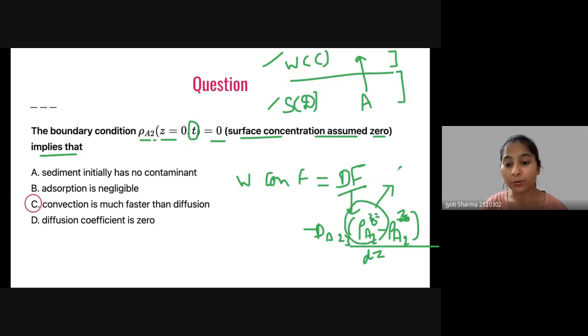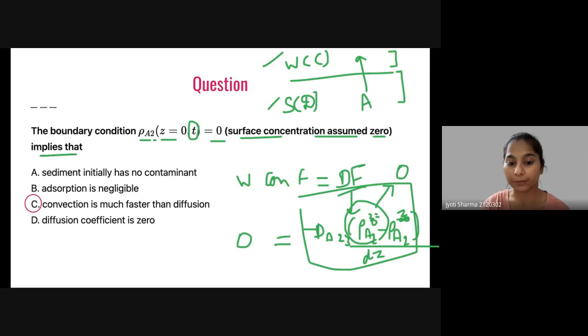Okay, so what it is saying is that this one is 0. If we are assuming that this one is 0, it means the whole term will be equal to 0, is it? So if we are assuming that this rho A2 where z is equal to 0 is 0, then this whole diffusive flux term will be equal to 0.